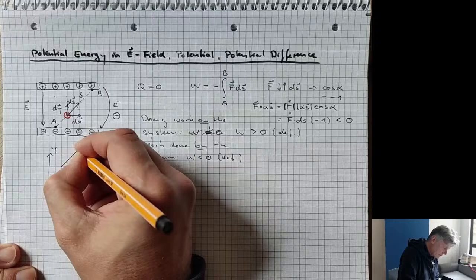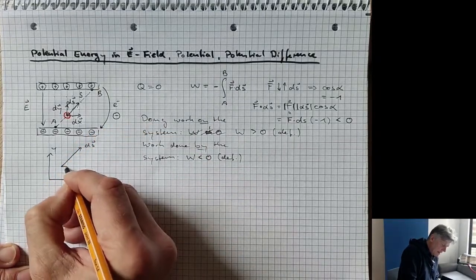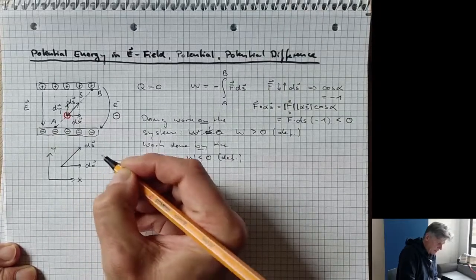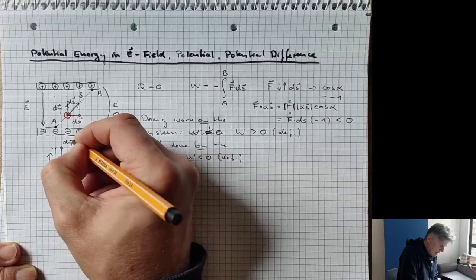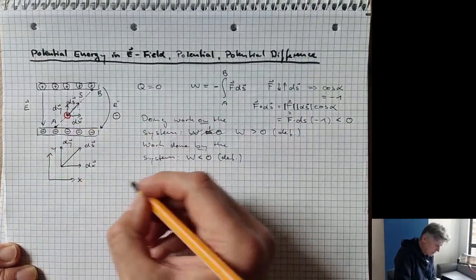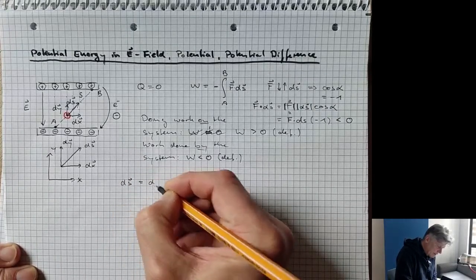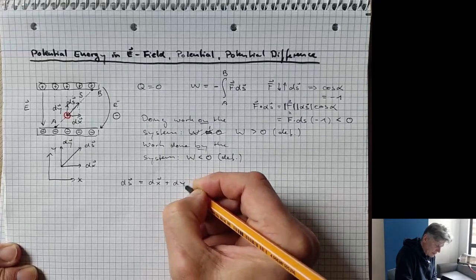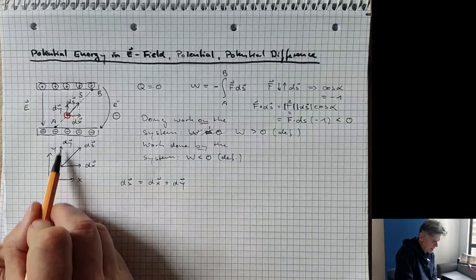And then we have this displacement vector. So let me draw it a little larger. So this is our vector ds. And then that can be separated in a component dx, right? And a component dy. In fact, these are not components, but really vectors. So what I mean with this is that we say, okay, this little displacement vector is nothing but the vectorial sum of vector dx and vector dy. So a little displacement in x and a little displacement in y.